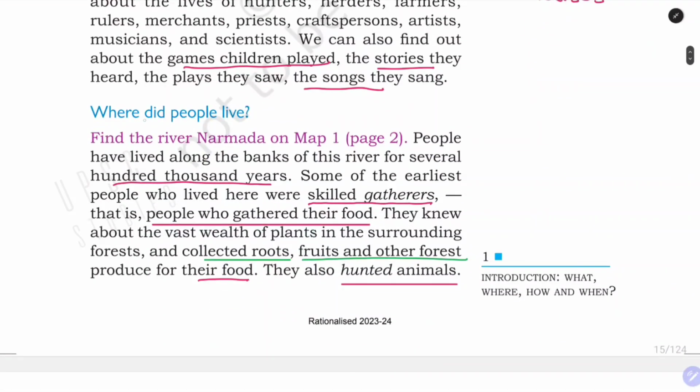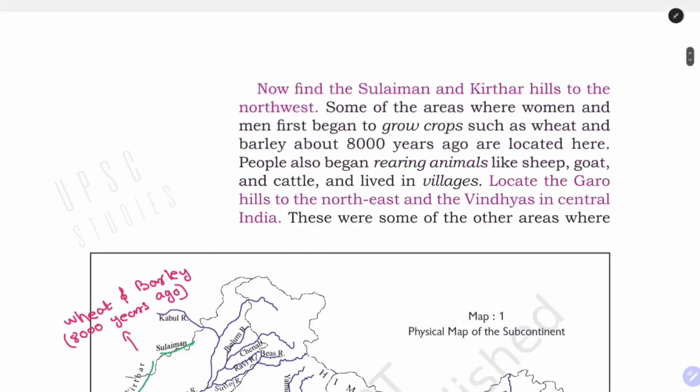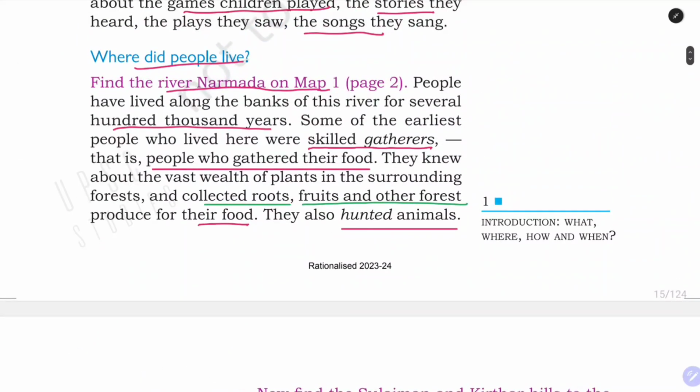Where did people live? Okay, can you find the river Narmada on map 1? Let me show you. Here, this is the Narmada river. Next to the Vindhya range, there is the Narmada river. People have lived along the banks of this river for several 100,000 years.